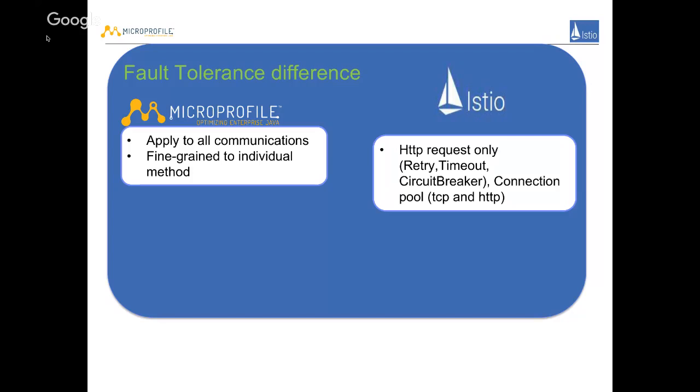For Istio, what it can do is only hijack HTTP requests, open up the request, and add various headers, for example. It cannot hijack any HTTPS requests.